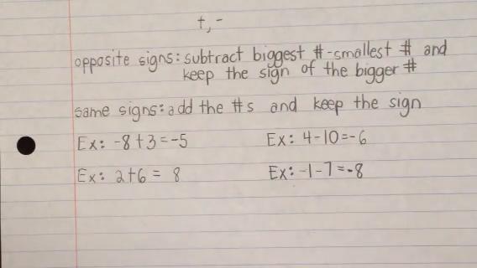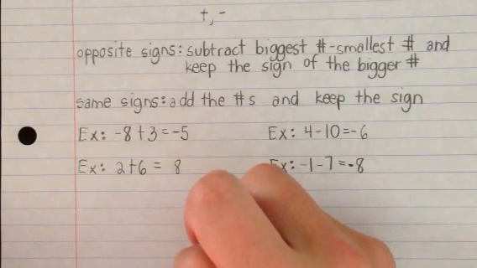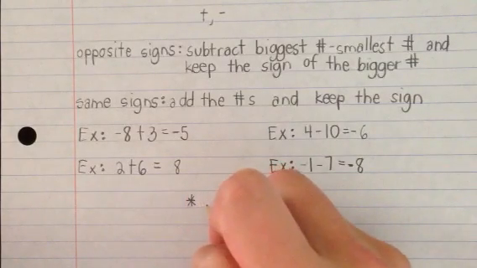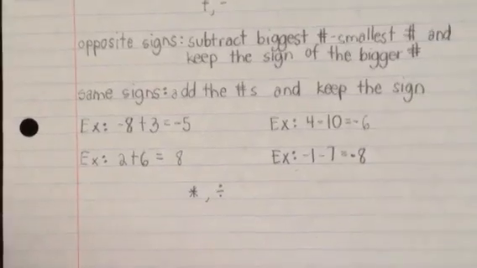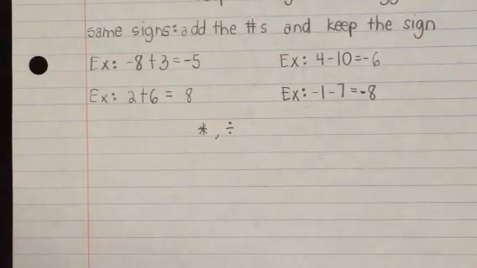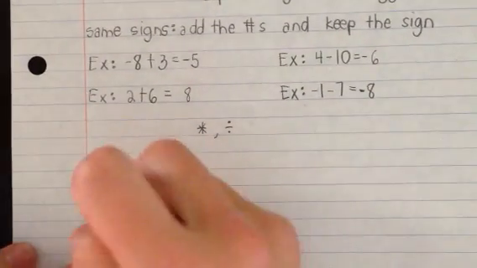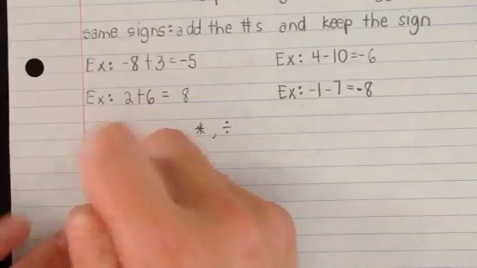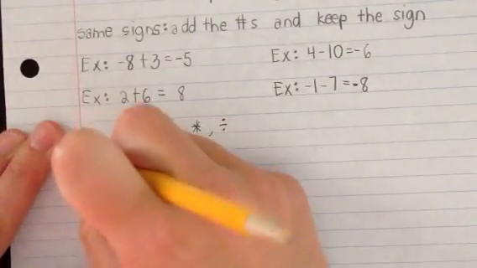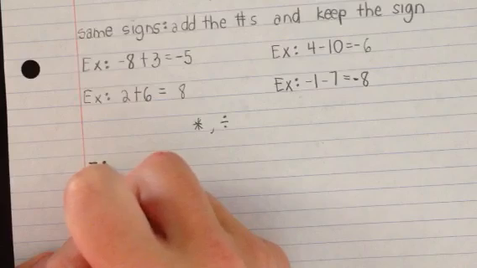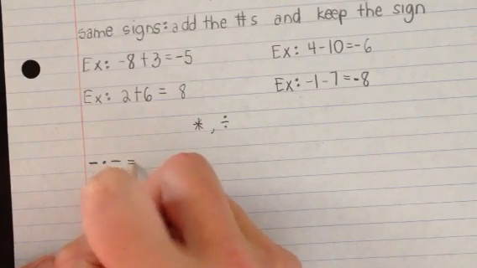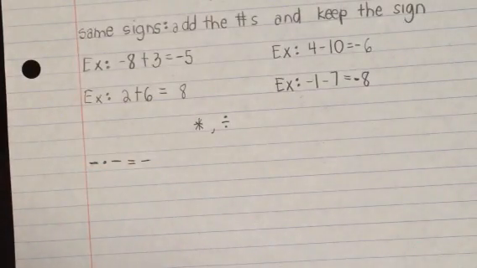Alright, so now we've talked about addition and subtraction. Let's talk about multiplication and division. So the rules for this are similar to each other, the multiplication and division, or they're the same. If you have multiplication of a negative times a negative, your answer will be positive.